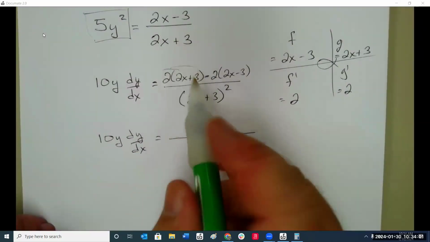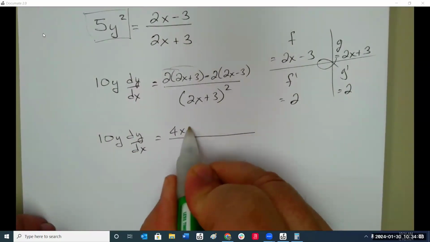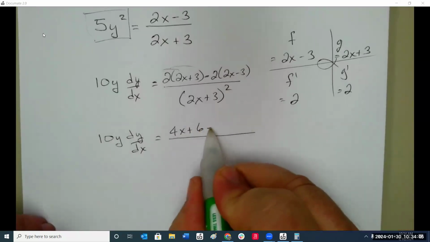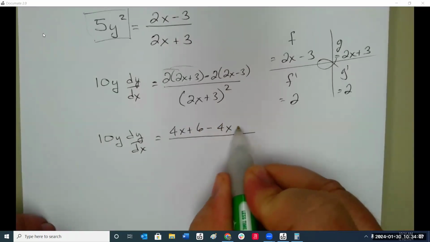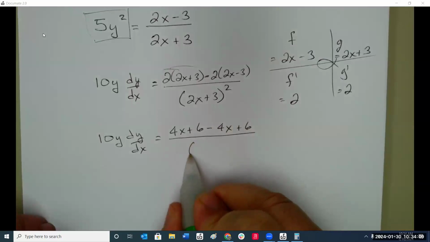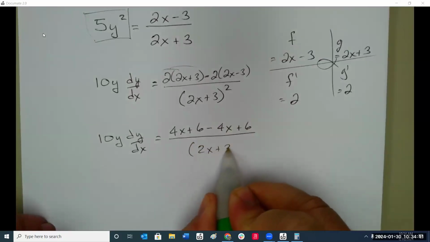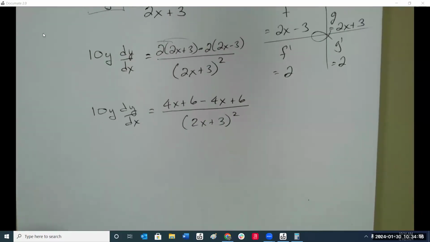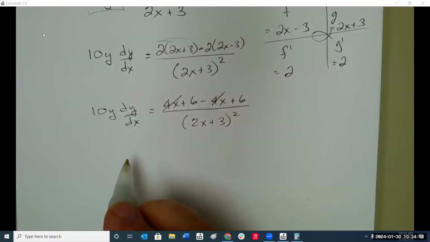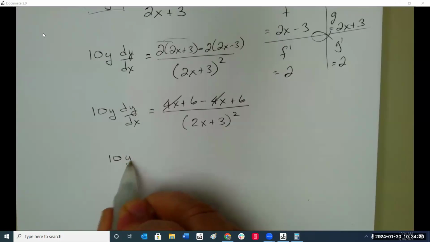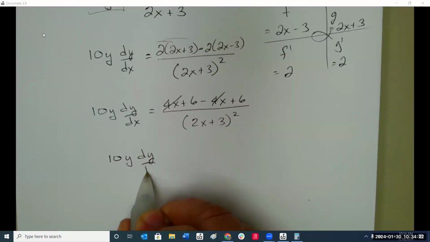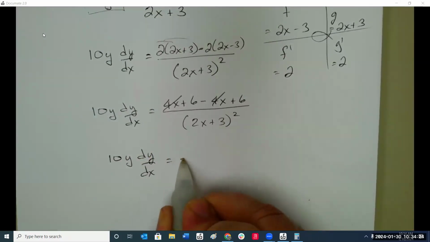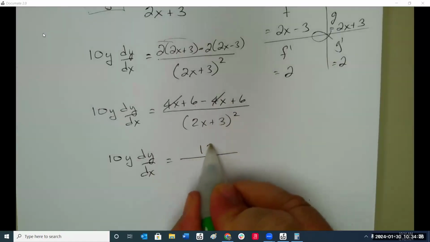Let's simplify. 4x plus 6 minus 4x plus 6. The 4x's cancel. 6 plus 6 is 12.